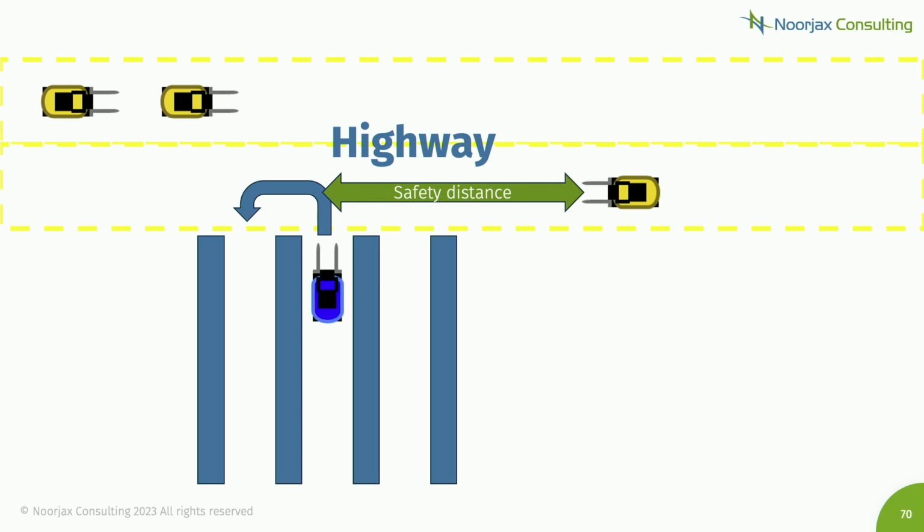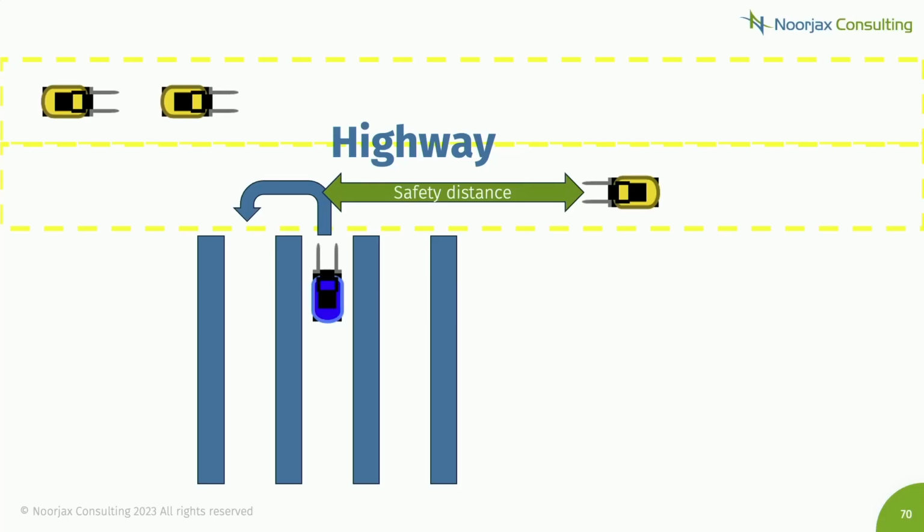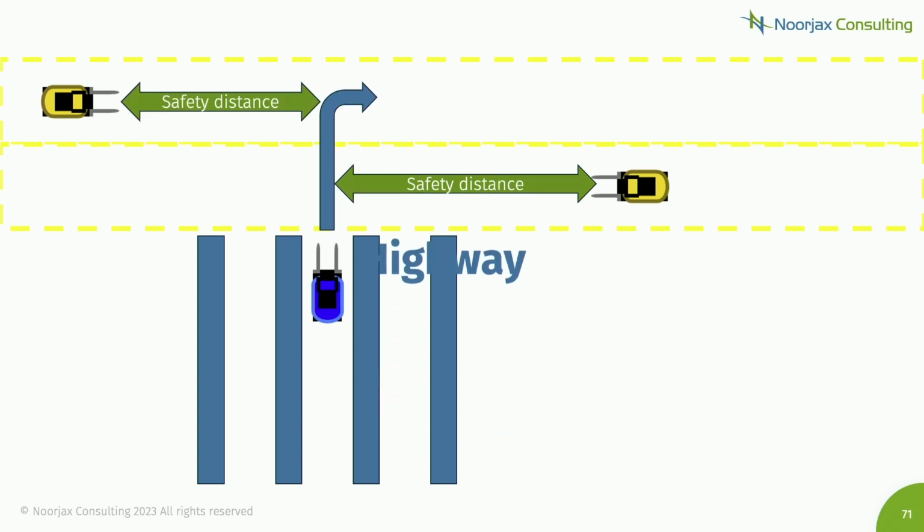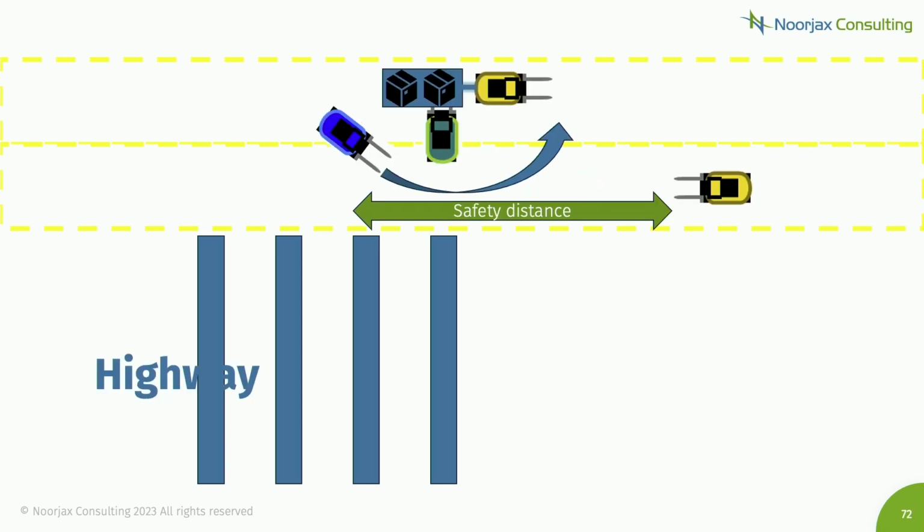So that means you have to be able to test different safety distances and see what the results are depending on this distance. So this has to be parameterized. In the same way, if the truck needs to turn right, it needs the safety distance for both sides of the road. So this seems pretty simple.